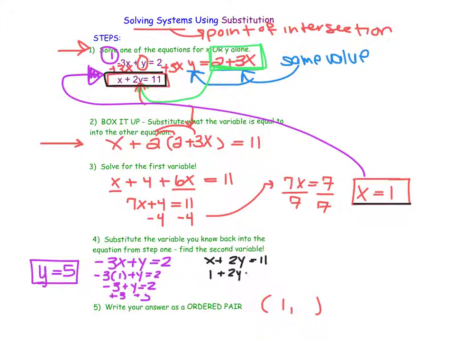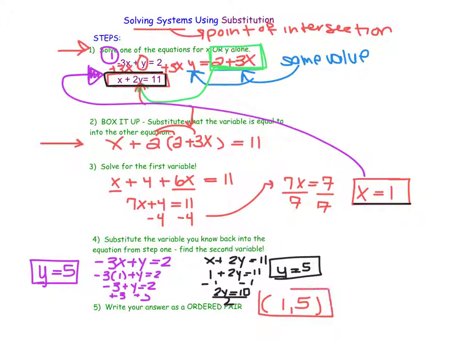Plus 2y equals 11. Subtract 1 from each side. We get 2y is equal to 10, divide by 2, and we find y is equal to 5. So notice that regardless of the equation we use, we get the same y value because this is the point where these two lines cross. These two lines cross when x is 1 and y is 5.